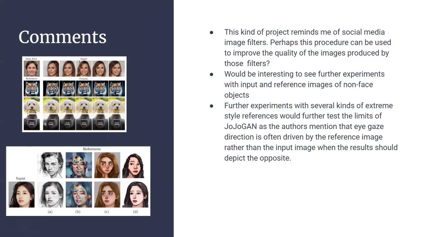These are the references right here, and this is just the output. So the input is this actress here, then the reference images, and they map this reference to the input, and this is the output, the results from this procedure.